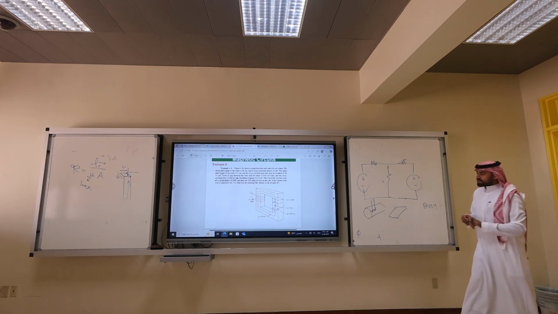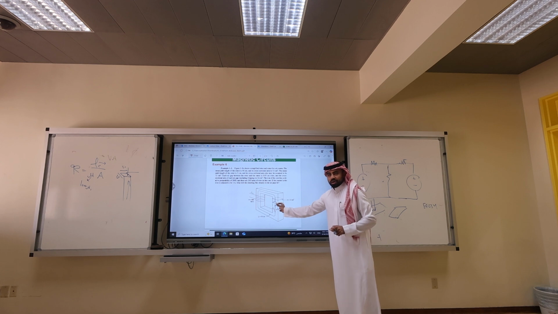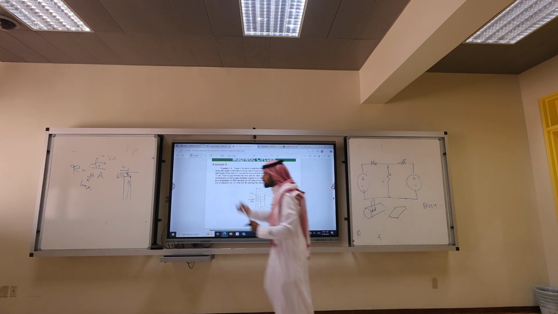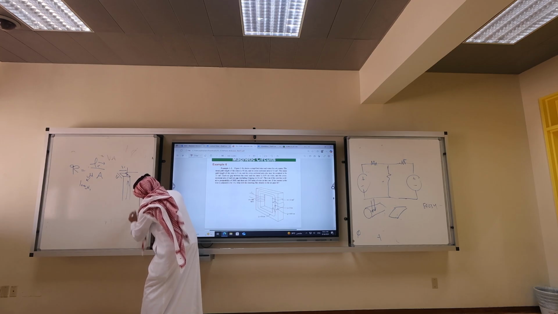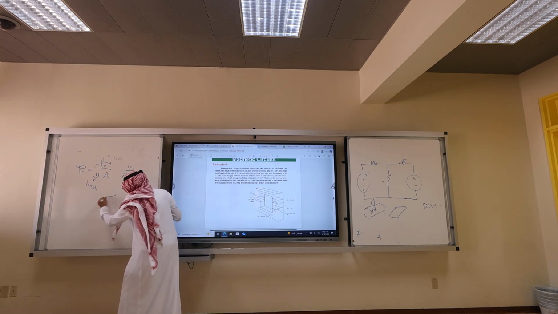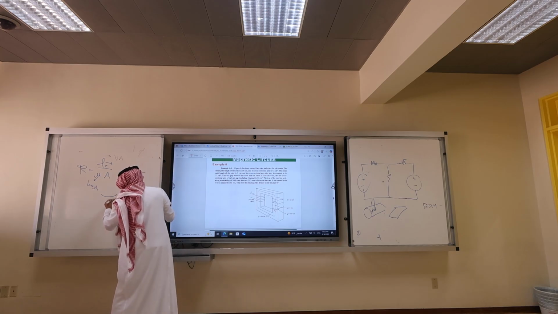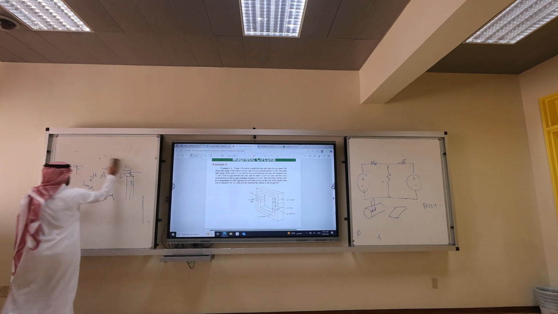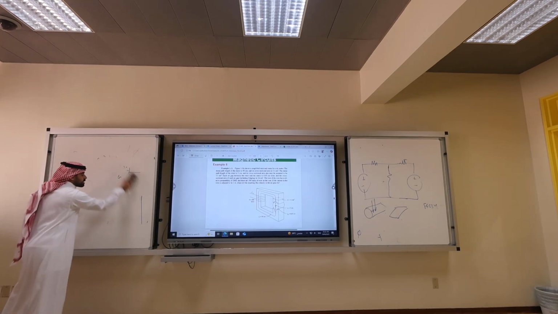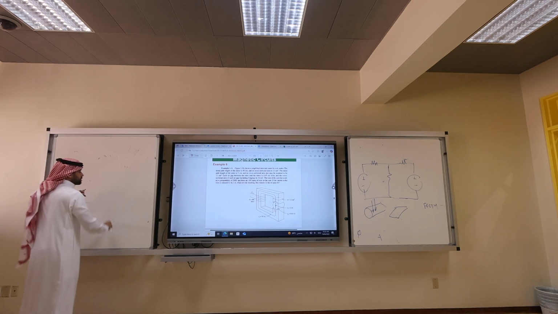Clearly the problem does not give me the depth of the core. Okay? So the problem is looking at the core this way. This is the core. Imagine with me that you rotate it 90 degrees.